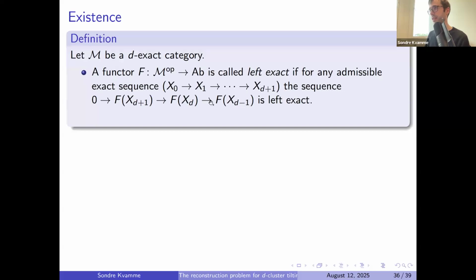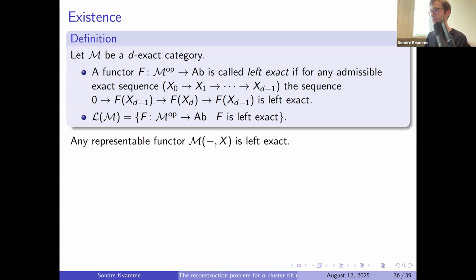Note that this sequence is obtained by applying F to the last term, the second last term, and the third last term, and then you ignore all the other terms in your admissible d-exact sequence. When you apply F to these three terms, of course the arrows are reversed, and you require this induced sequence to be left exact. Then we have the category of contravariant left exact functors, which we denote by Lm.